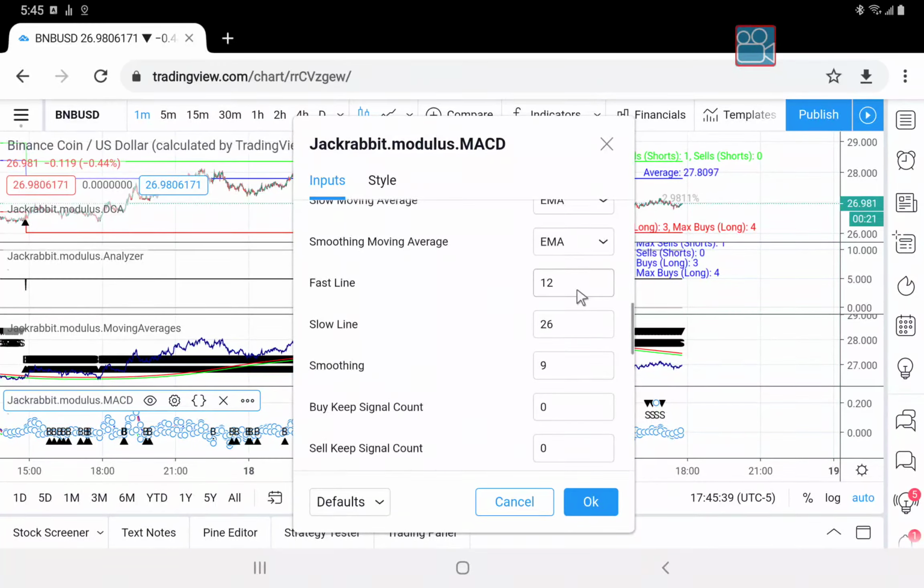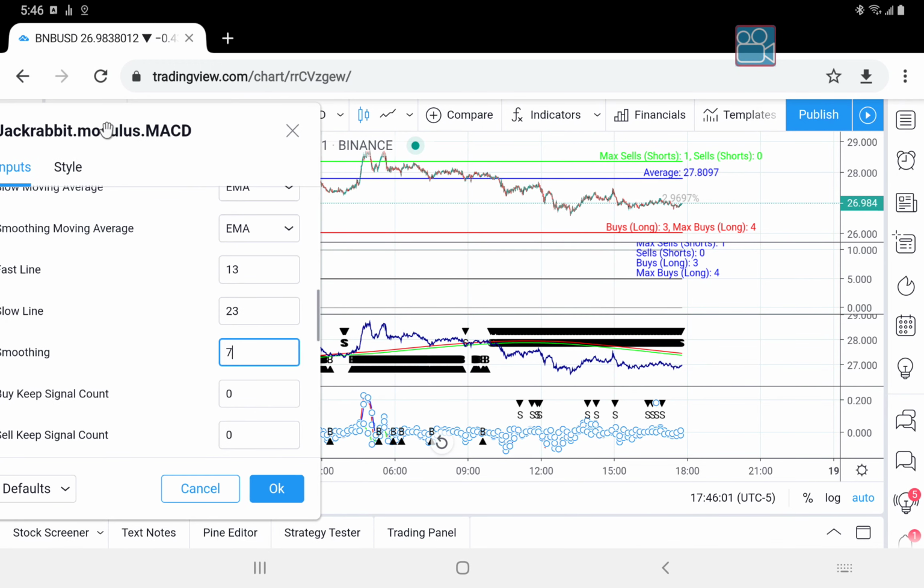I like prime numbers. You can use Fibonacci's as you want. So for prime number 13, move down. 23, move down. 7. A nice, simple little trick.